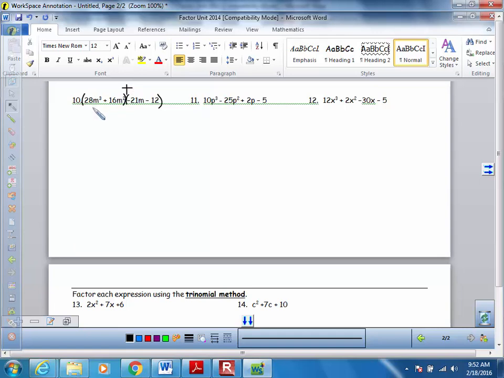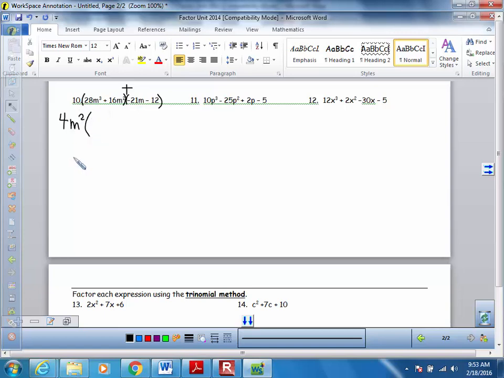Now, if I'm thinking about the factors of 28 and 16, my greatest common factor is going to be 4. And so then if I'm looking at my variable, you know that the GCF is always the smallest exponent. So if I had to choose between m to the third and m to the second, I know m to the second is smallest.